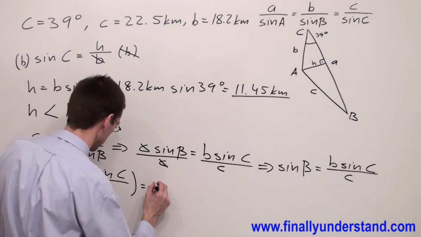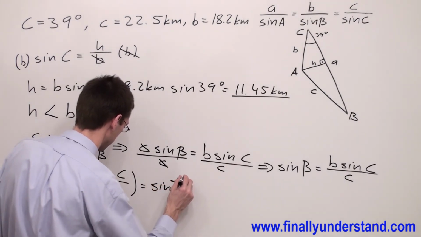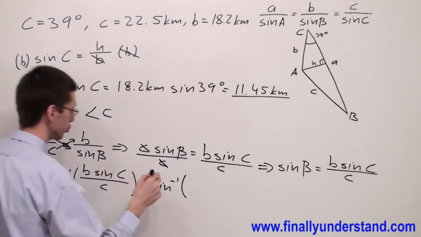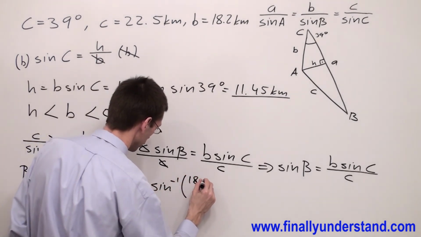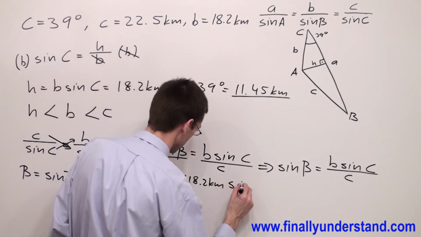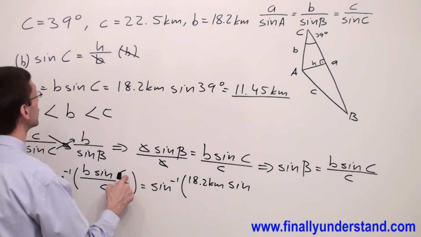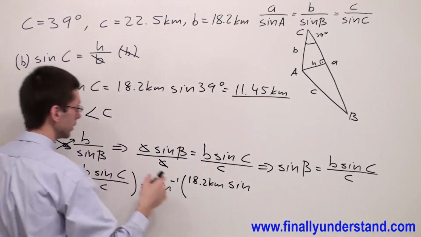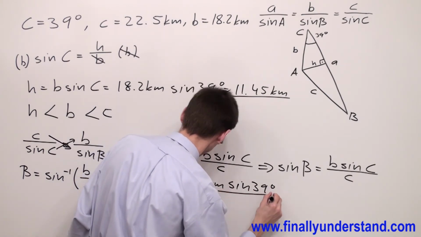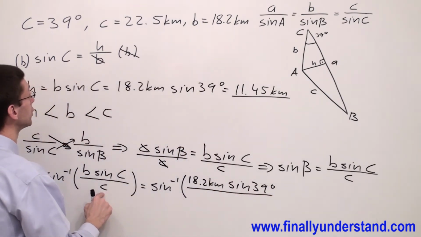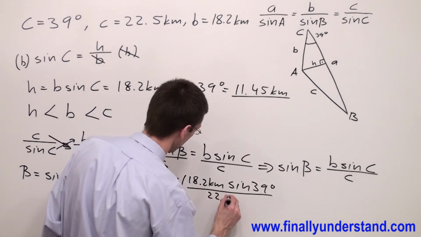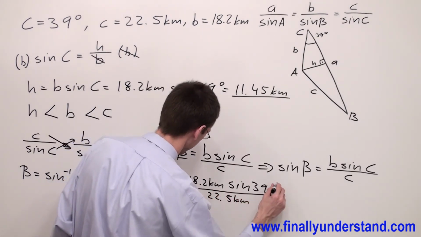So I have inverse sine, and I have B equals 18.2 kilometers times sine of angle C, which is equal to 39 degrees, over side C, which is equal to 22.5 kilometers.